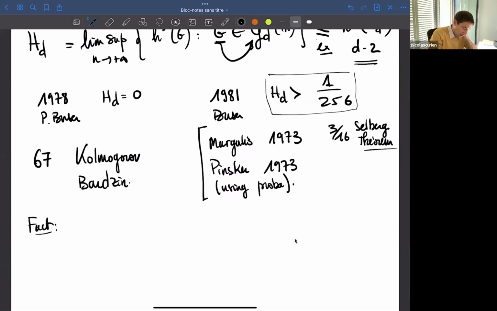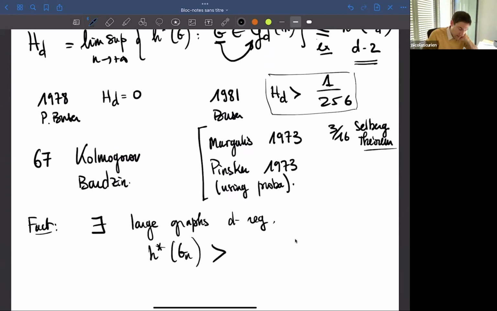This fact is that there exist large d-regular graphs so that the Cheeger constant of those graphs is bounded away from 0, let's say larger than 1/200, whatever the constant. And those guys are usually called expanders.